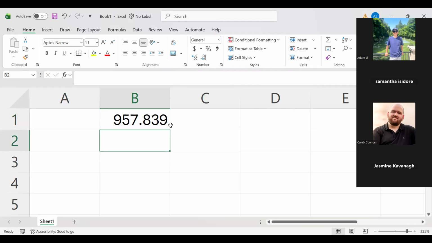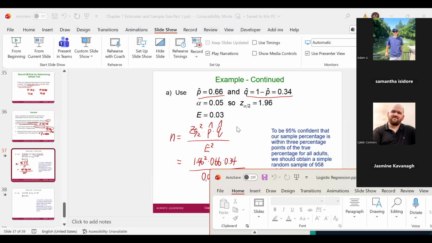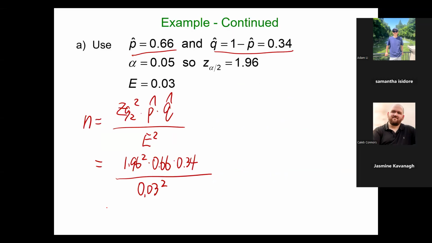I will get 957.839. But again, rounding rules: round up to the next whole number.